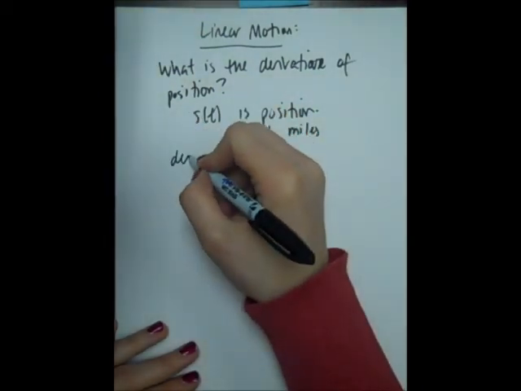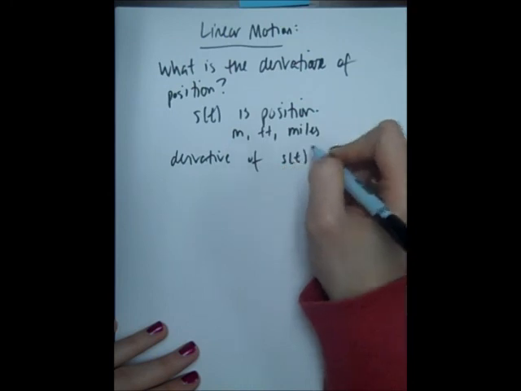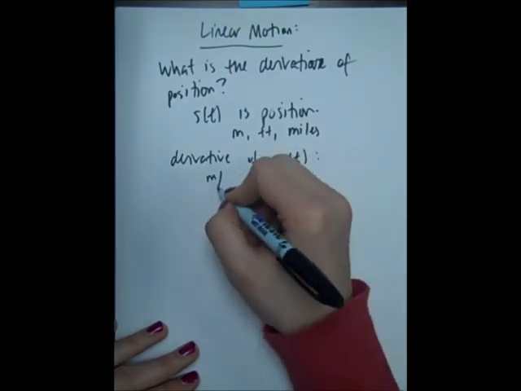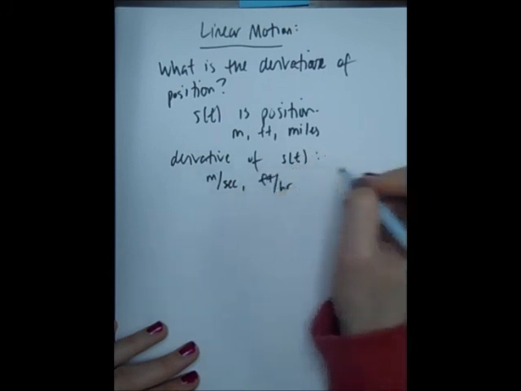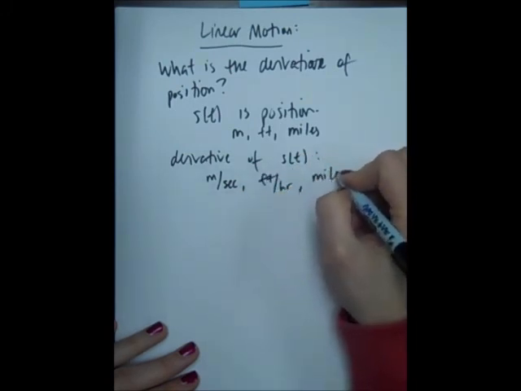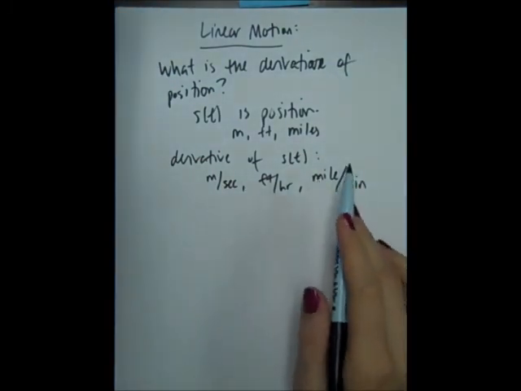So the derivative of S of t, those units would be miles per second, or feet per hour, whatever time is being measured in, or miles per minute. These are all units of velocity.